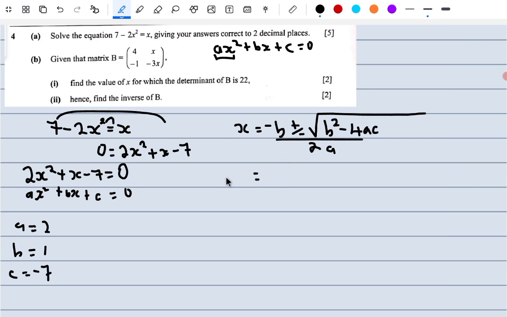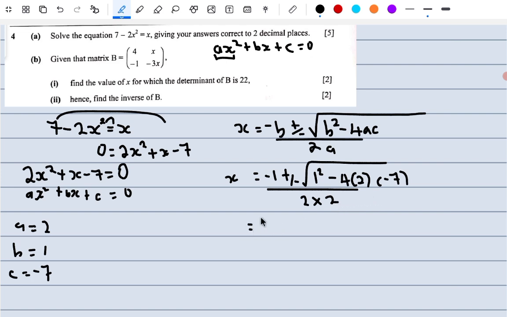So you bring it here, we say x is equal to negative 1, plus or minus the square root of b, that is 1 squared, minus 4, a is 2, c is negative 7, over 2 multiplied by a, which is 2.